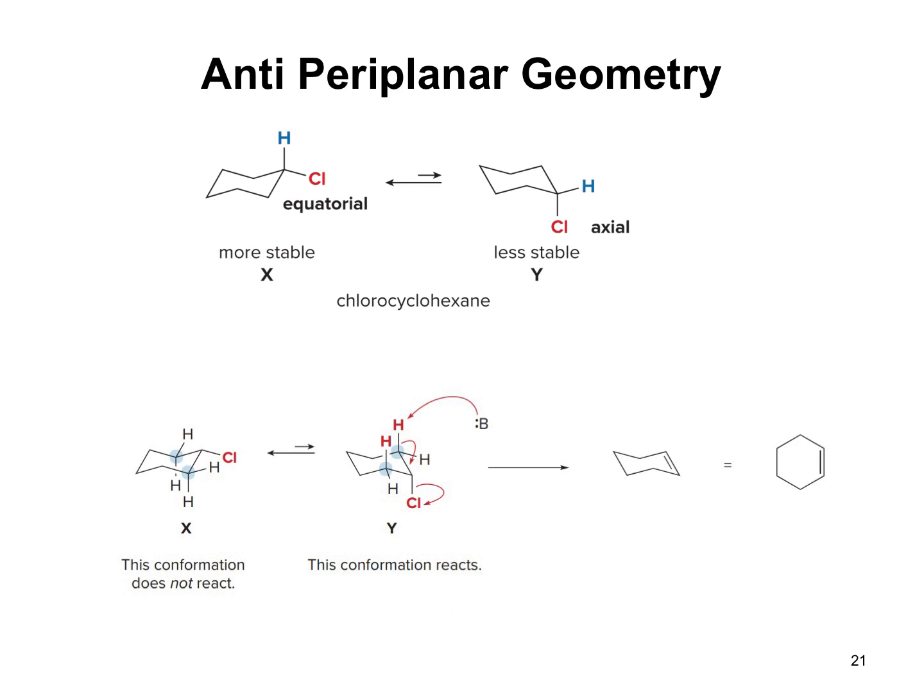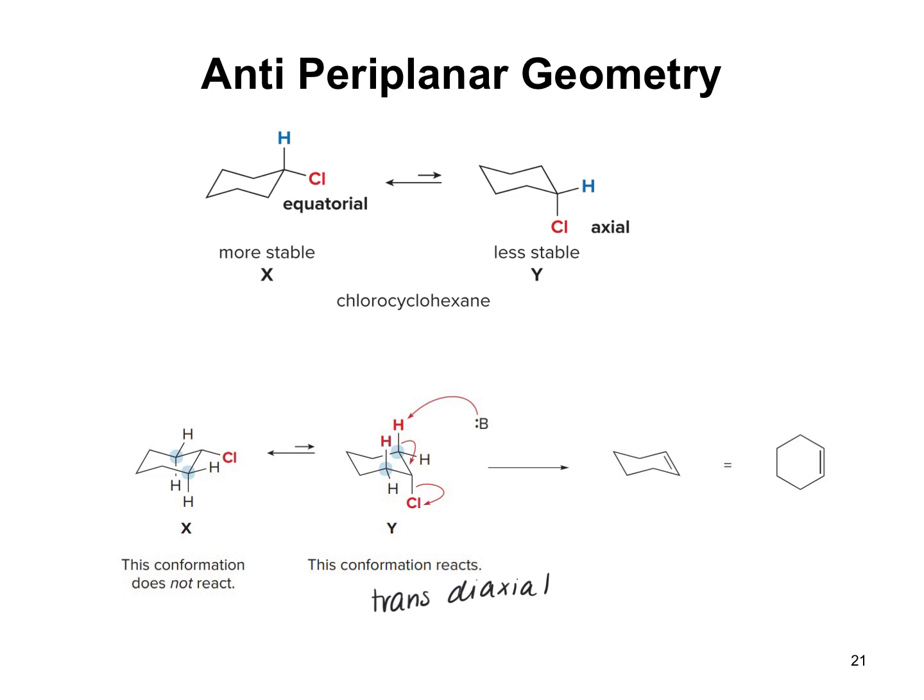This a lot of times is referred to as trans diaxial, right? Where the diaxial refers to chlorine being in the axial position and the hydrogen here being in the axial position. And so that means for an E2 reaction to occur with a molecule in a ring, it needs to occur with the conformation that's less stable to give us this ring.